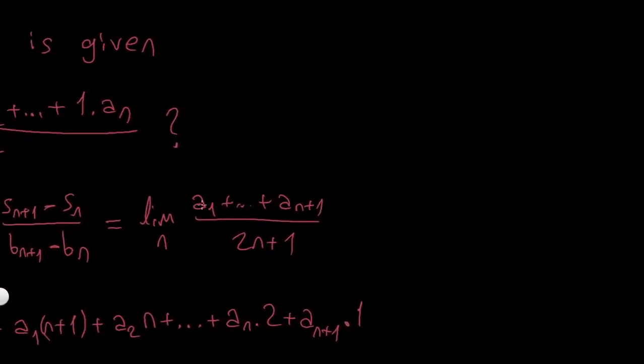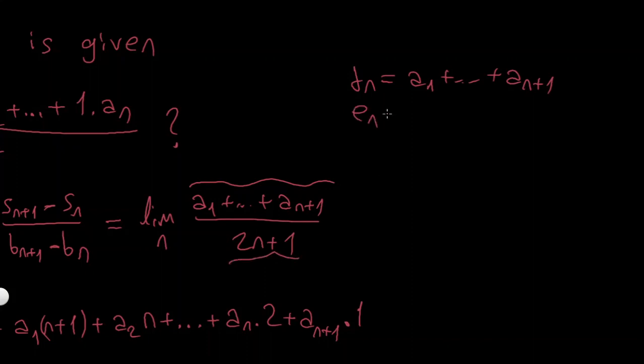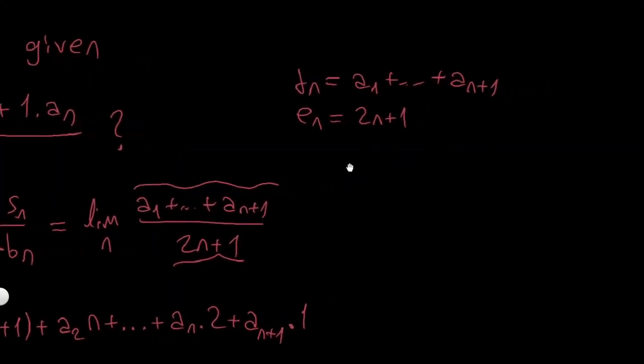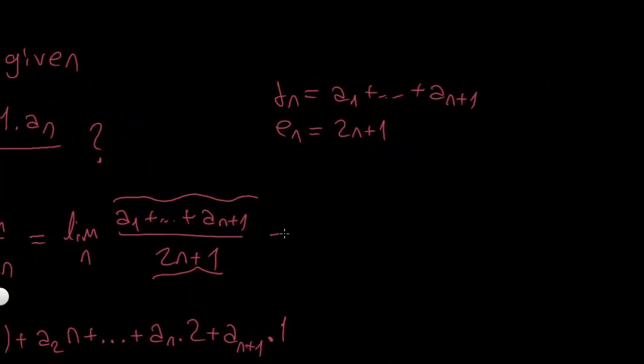So let's call the numerator a1 up to a n plus 1 dn, and let's call the denominator en. It doesn't matter. So I have 2n plus 1. If I do this thing again, I'm just assuming this limit exists because it obviously exists.